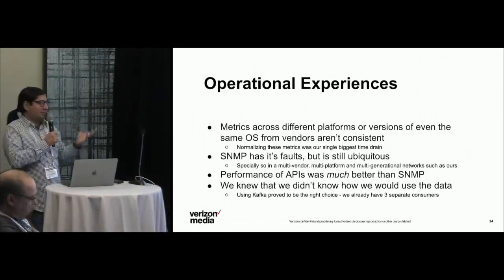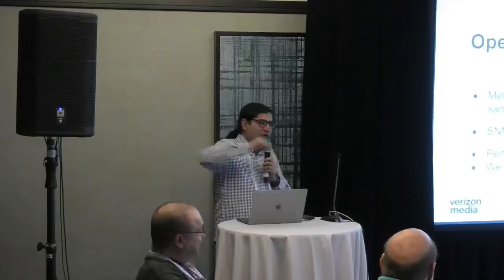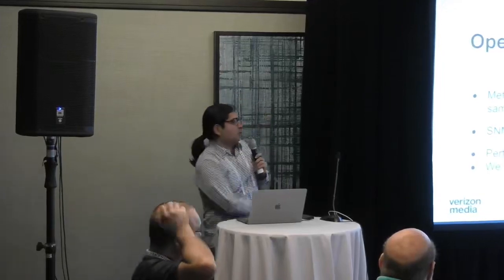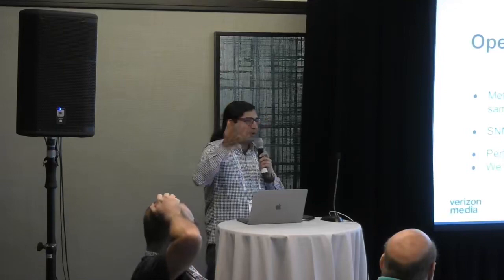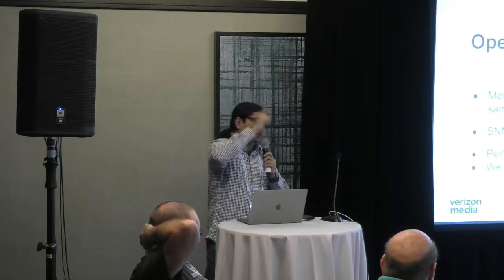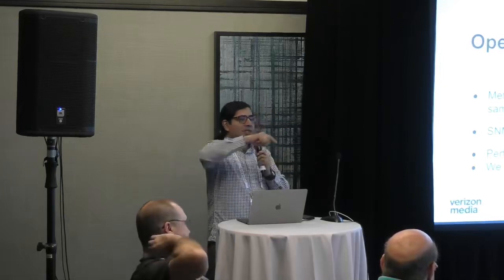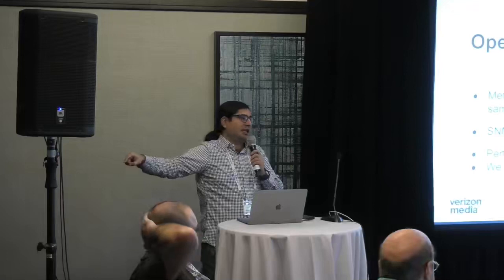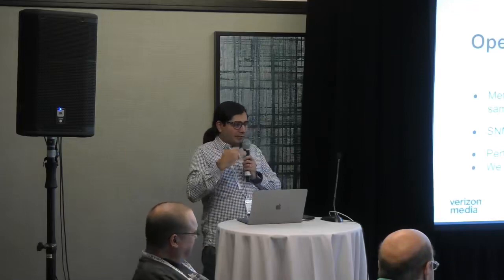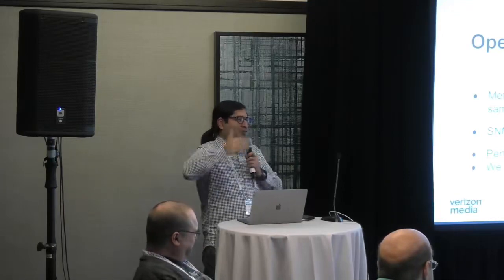We made a strategic decision to take that hit up front rather than just expose that data to a user who now has the cognitive load, while looking at a dashboard, to figure out, oh wait, this is this device with this release, therefore this is how I should interpret the CPU, versus this device from this release has a different interpretation. So we put a lot of effort into normalizing these metrics so that when a user looks at it, they can actually make sense of what's going on.